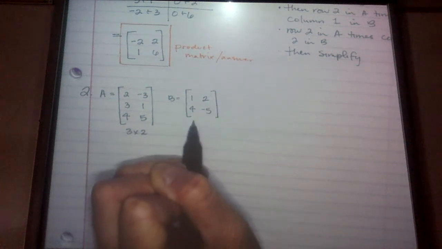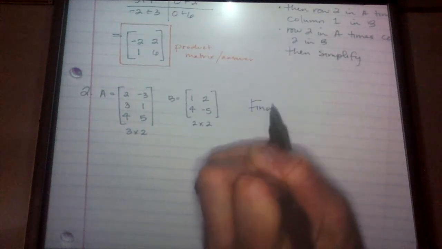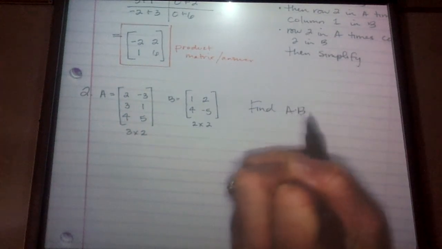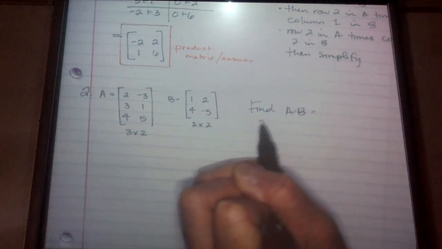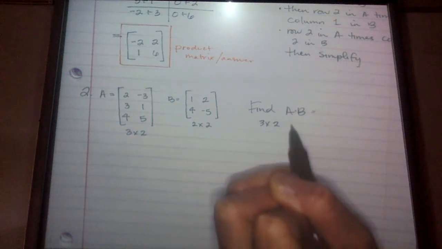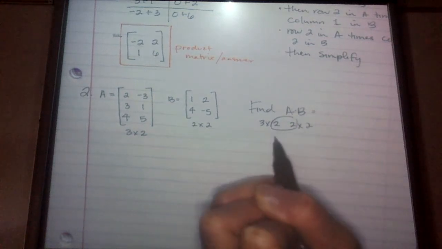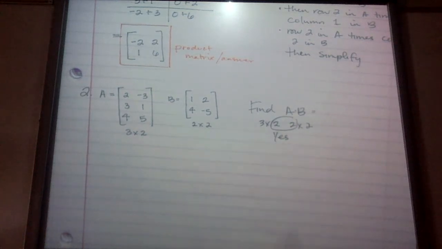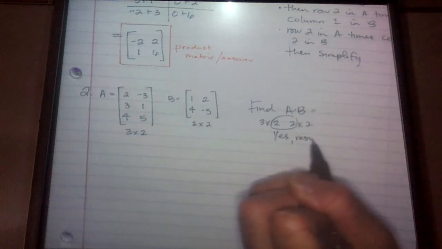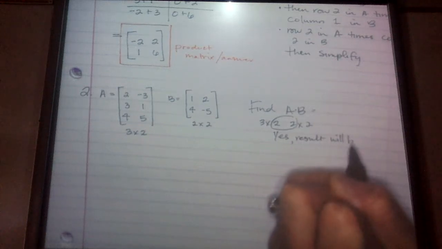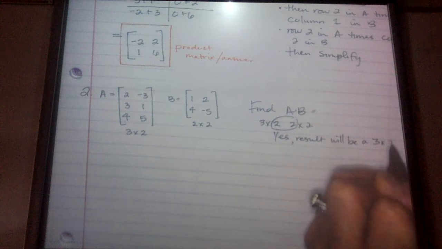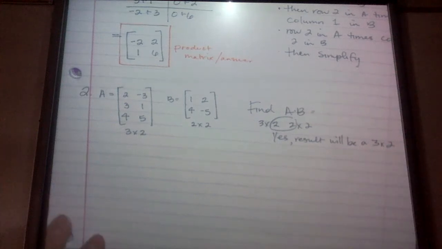So this is a 2 by 2. So find A times B, and that would be a 3 by 2 and a 2 by 2. If I look at the two middle numbers, yes, it's possible, and the result will be a 3 by 2. Okay, so I know my answer is going to be a 3 by 2.